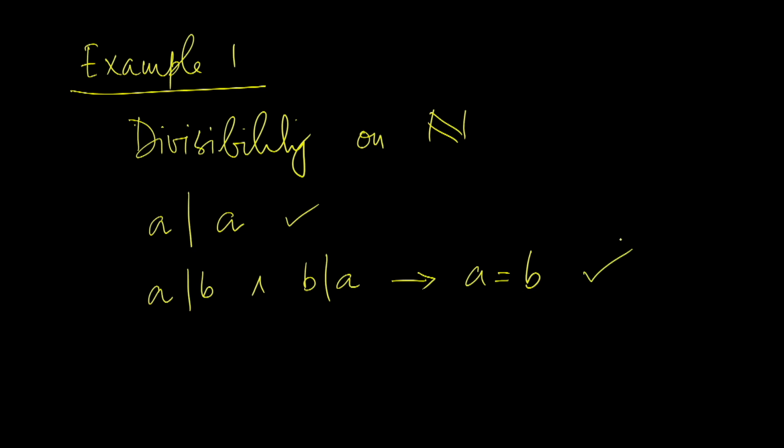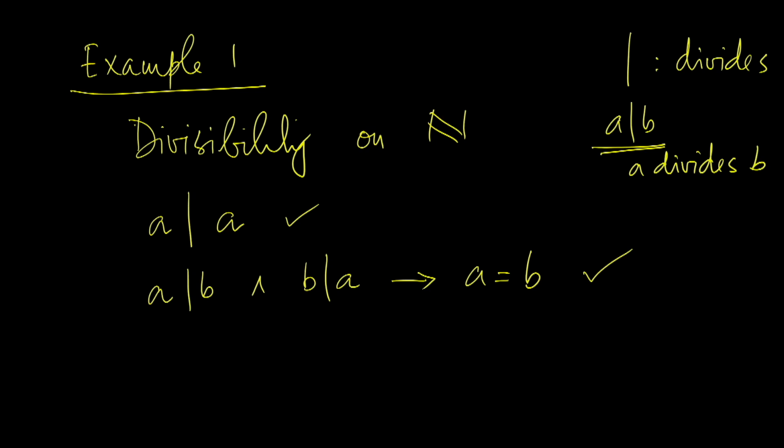Therefore, the antisymmetry property also holds. By the way, the vertical bar translates as divides. So when we write a | b, what we mean is that a divides b. And thirdly, if a divides b and b divides c, then a divides c. The transitivity property also holds. Therefore, the divisibility relation on natural numbers is a partial ordering relation.